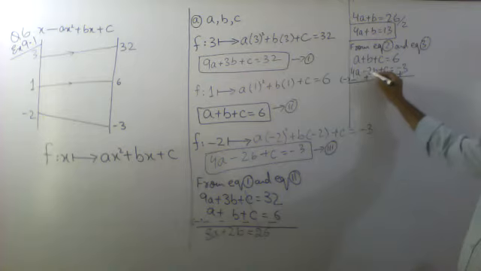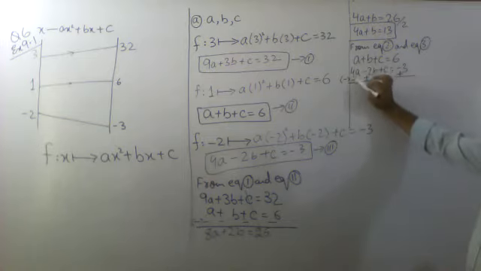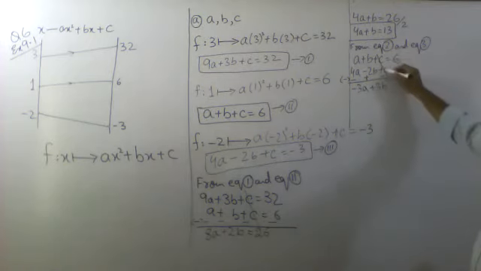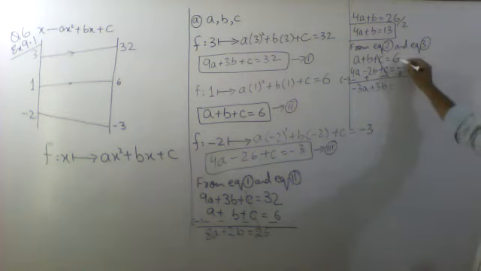Plus 1 will become minus and minus 1 will become plus. Okay. So now A minus 4A will become minus 3A. B plus 2B will be 3B. Plus C minus C is cancelled. 6 plus 3 will be 9.